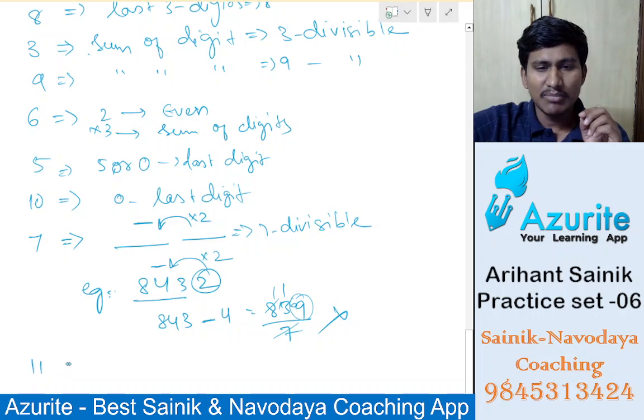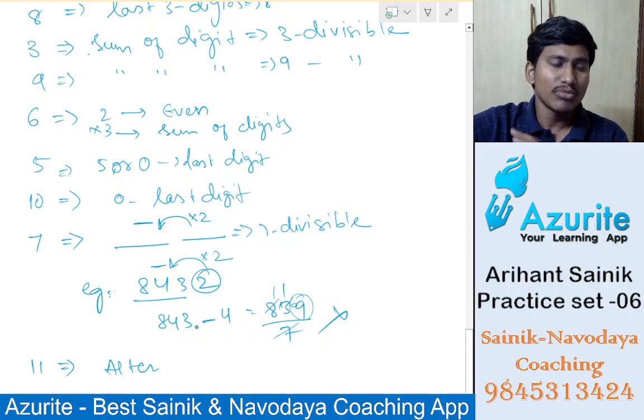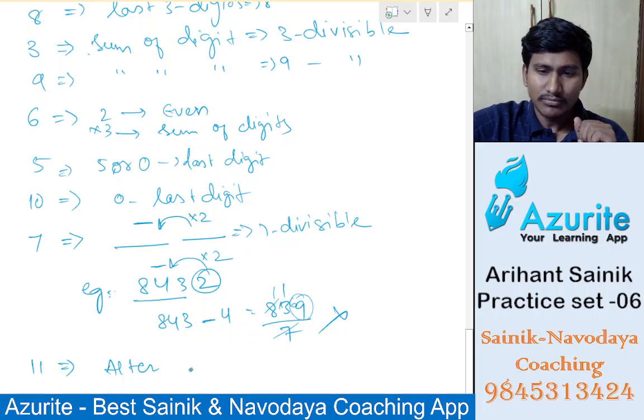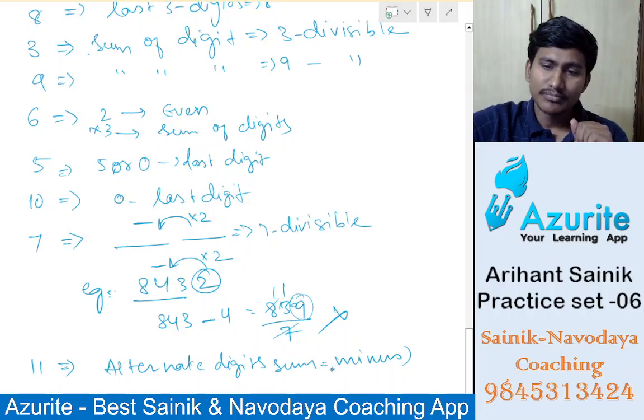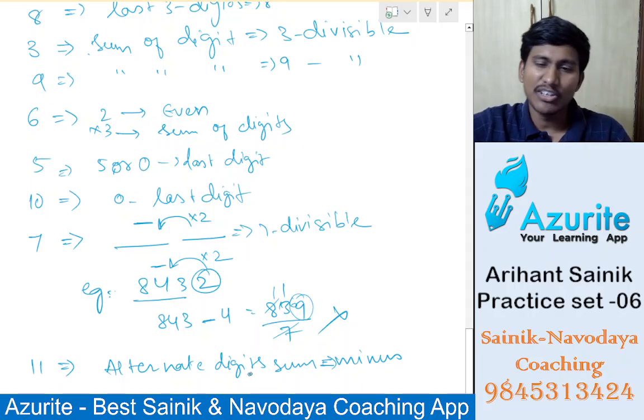And 11 divisibility is the alternate digit sum, we have to subtract. Alternate digit sum, we have to subtract: odd and even places separately, one leaving the other.